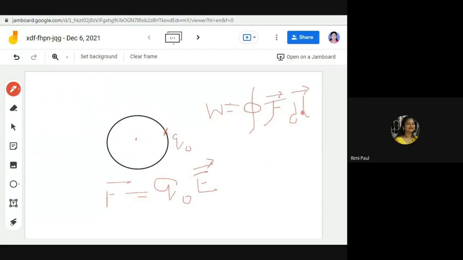So L, what is L? L is the total length. If I take F out of the closed line integral dl, then we can write F into L. Now L is 2 pi r.